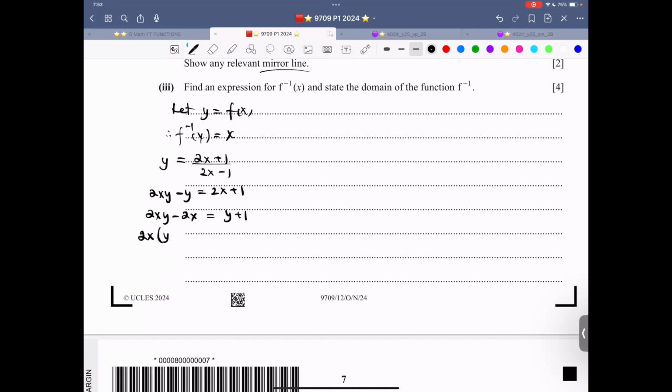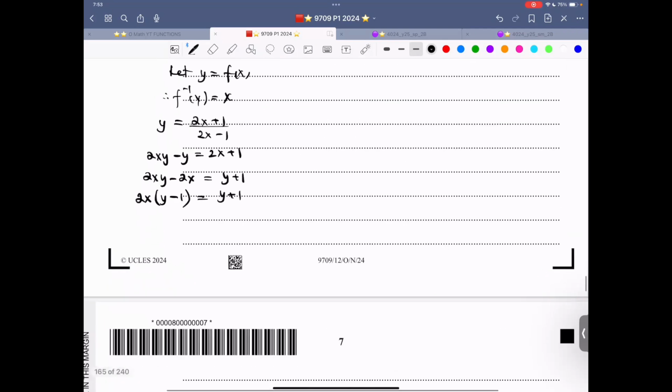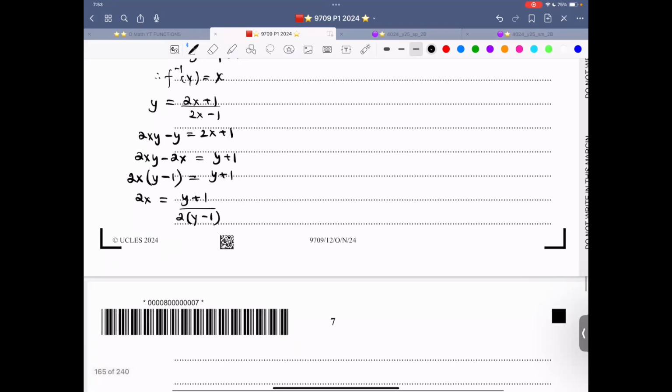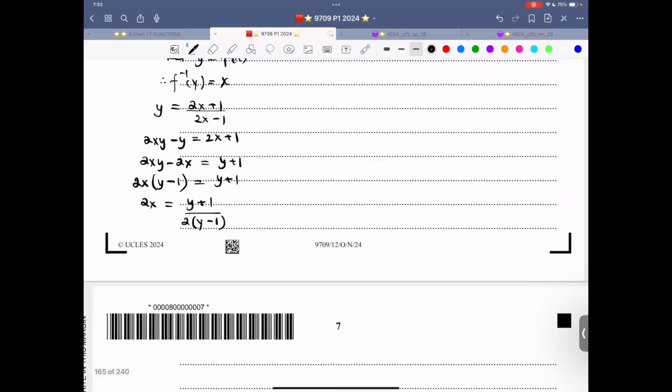So therefore, y minus 1 is equals to y plus 1. So 2x is equal to y plus 1 over y minus 1 with the 2. So 2 times y minus 1. I think the 2 is already taken care of, or I can just do it later.